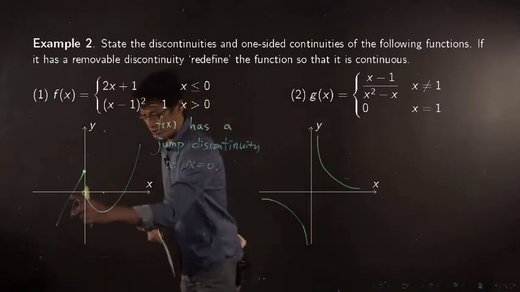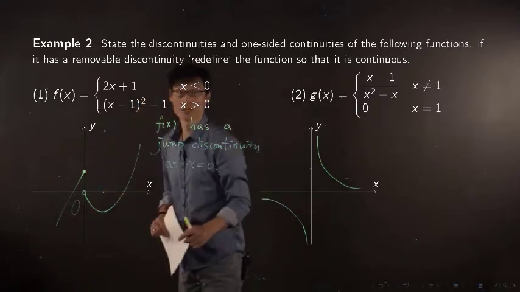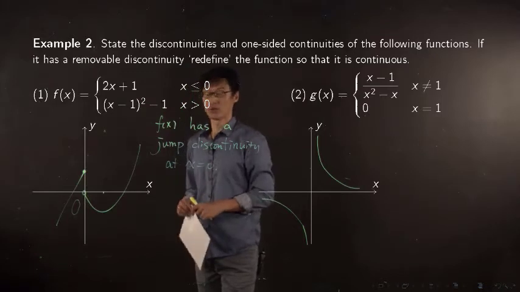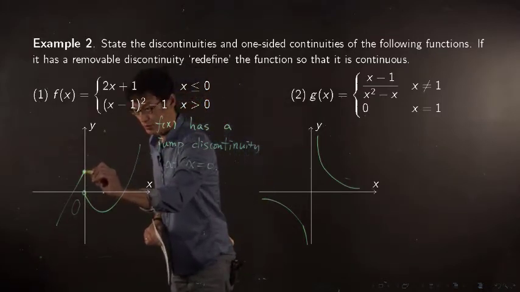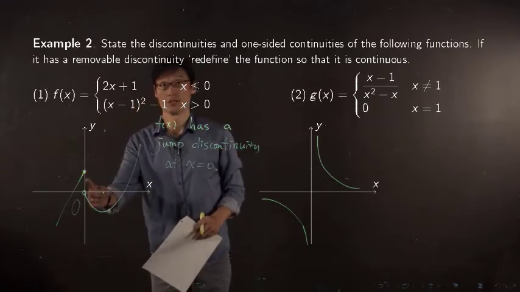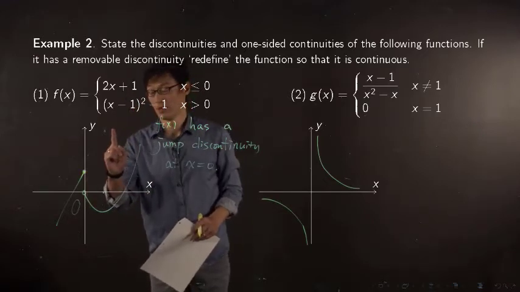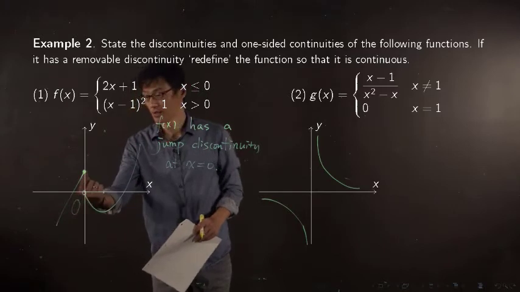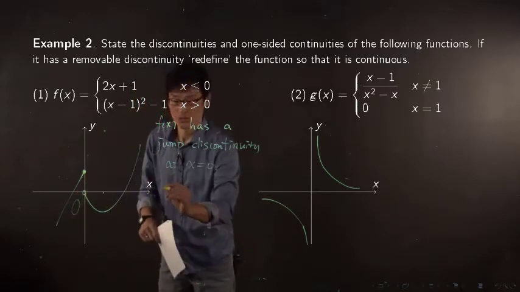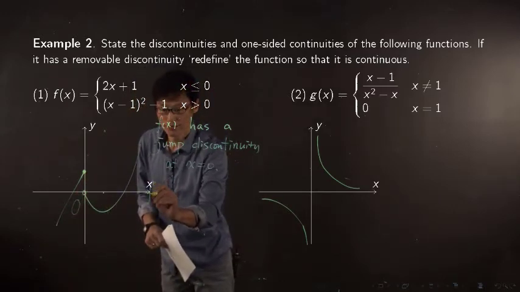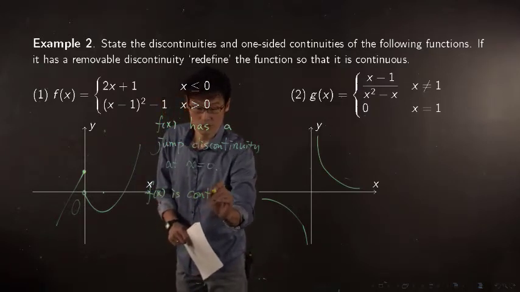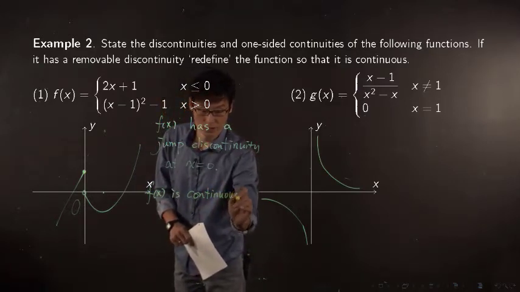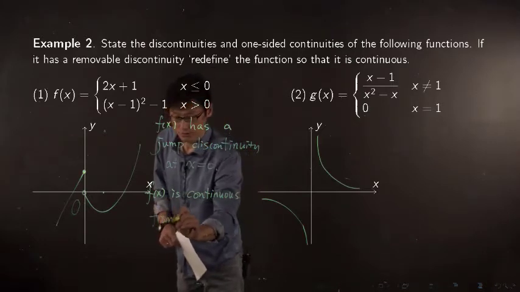When your x equals 0, you can talk about one-sided continuity. Look at this. The function value is 1, and the limit is exactly 1. So f is continuous from the left.